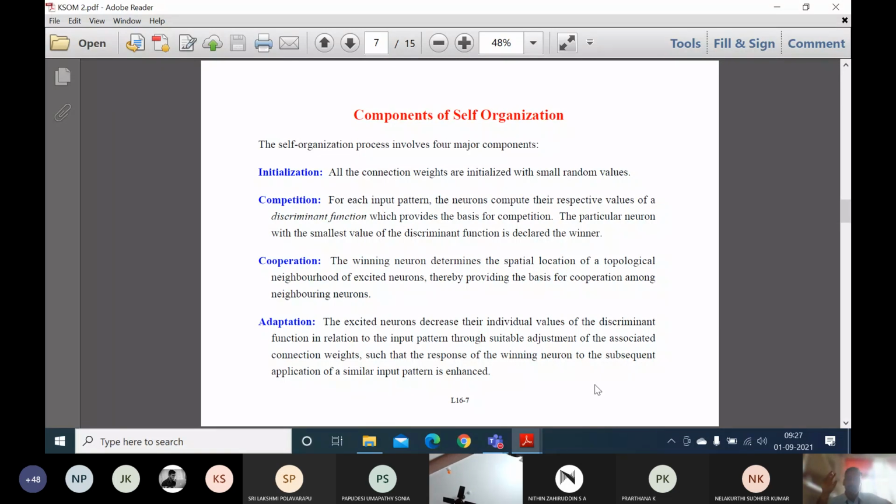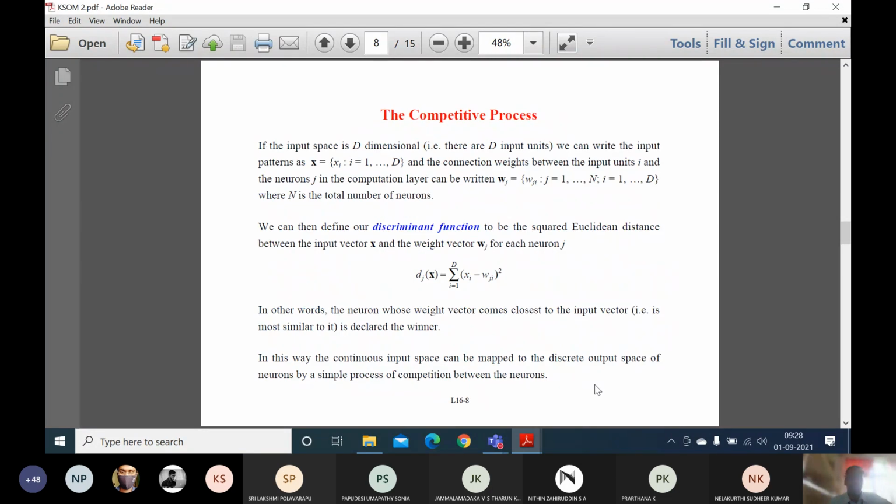In that case, it computes certain values, and those values will be decreased via the discriminant function in relation to the input patterns. Based on that, we consider that it is also adopted in the firing process, that it is considerably suitable for taking part in the firing sequence or in the firing actions.